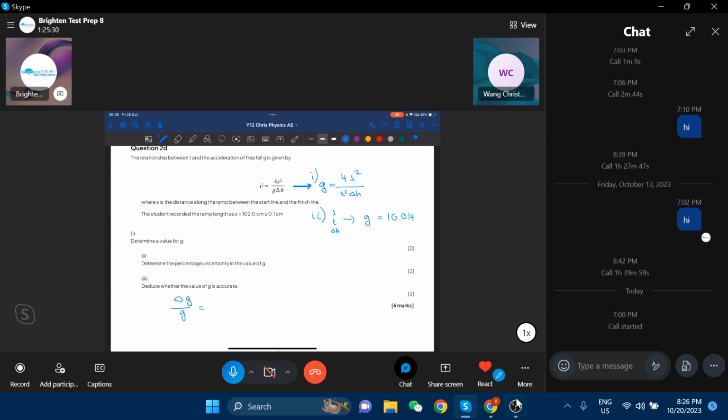So basically what we can say, our delta S over S, we have our delta H over H, and we have our delta T over T. And because they are either multiplication or division, we always add them up, all three of them.